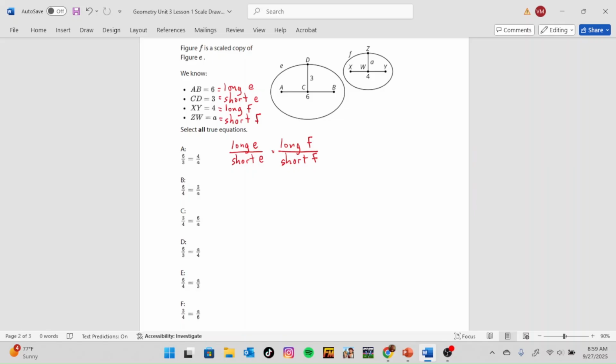The long line in each oval should maintain a proportion to the small line within each oval. So A would be a true equation. We're comparing the parts within one oval to the same parts in the other oval.